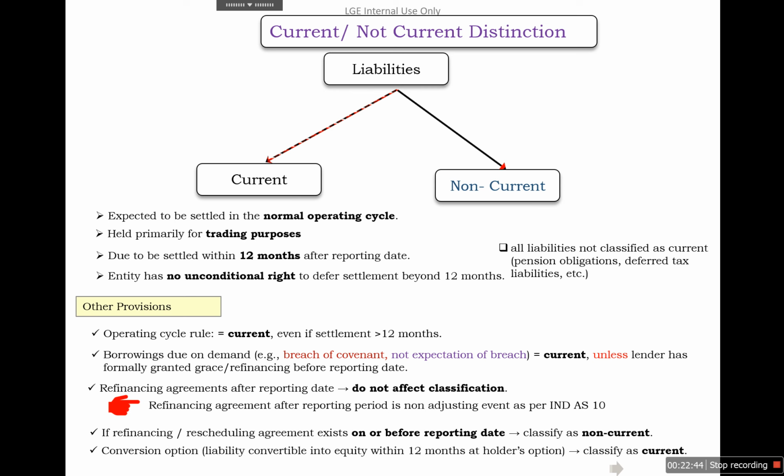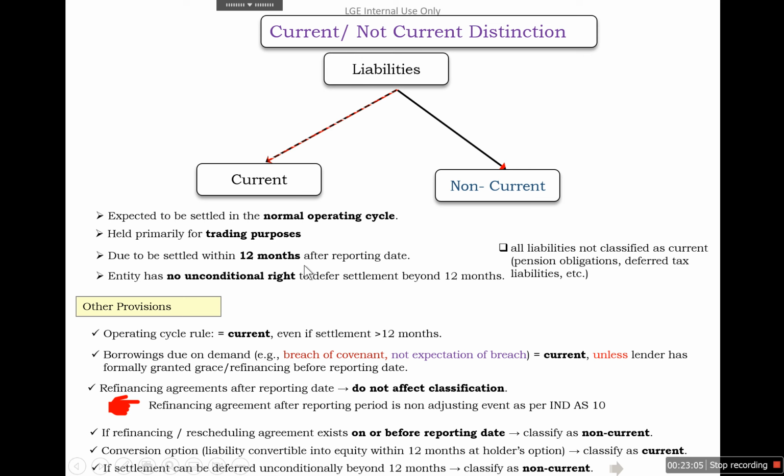If there is a conversion option, where the liability is convertible into equity within 12 months at the holder's option, we will classify it as current. If settlement cannot be deferred unconditionally beyond 12 months, we will classify it as non-current.